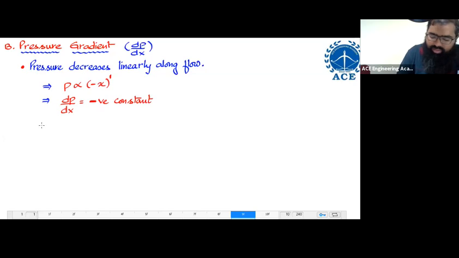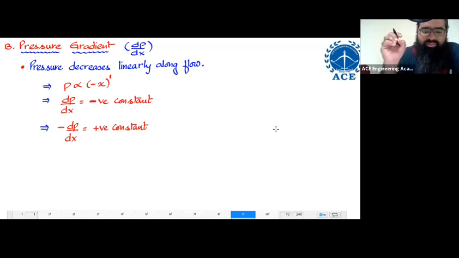This further implies, very, very important thing I'm writing over here: as long as the flow is steady, negative of dP upon dx is going to be a positive constant. Please put some effort from your side and understand this. Pressure decreases linearly, so if you differentiate, it will be a negative constant. Therefore, negative dP by dx is a positive constant.